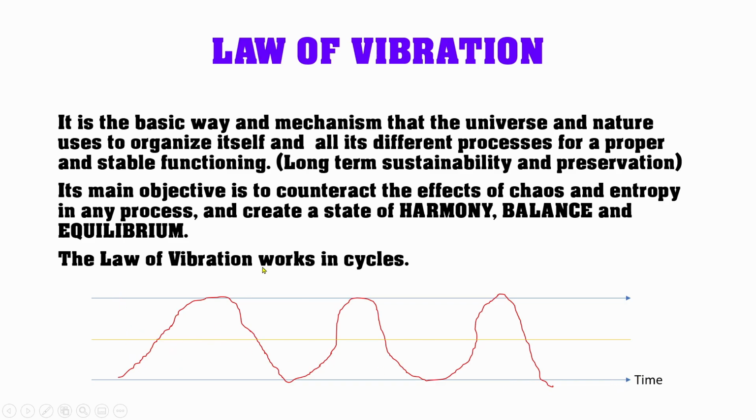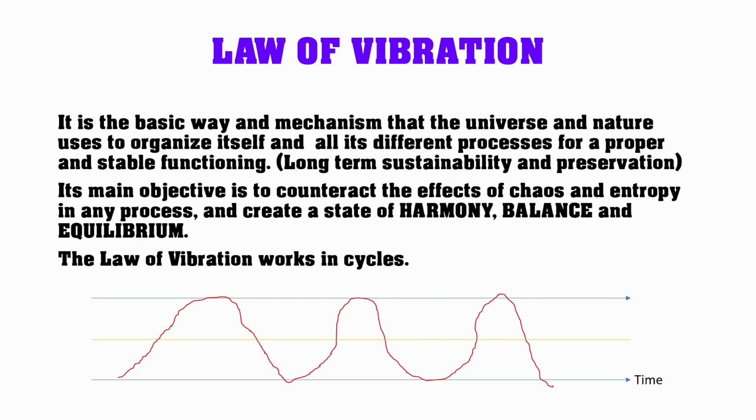And we have two extremes. Here we have two extremes. And extremes in nature are bad in themselves, because if you don't correct extremes, they will end up causing chaos, entropy, and at the end destruction.